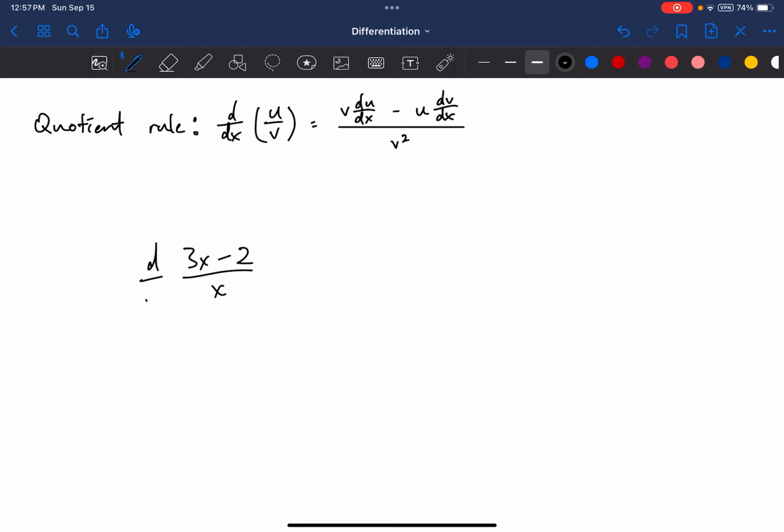If you want to differentiate this, then it will just be take the bottom, and then this 3x is minus, and then the top, which is 3x plus 2, and then differentiate the bottom, which is 1, doesn't matter, and then it's just bottom squared. So this one would be 3x minus 3x cancels out, and then this will be 2 over x squared. Yes, so that is how you use quotient rule.